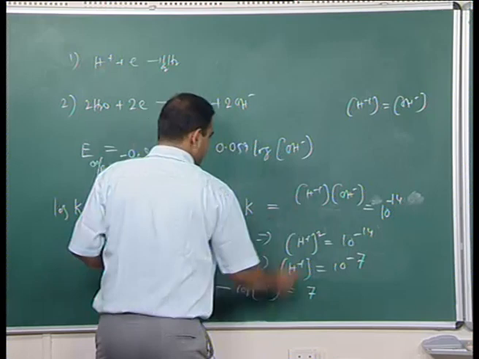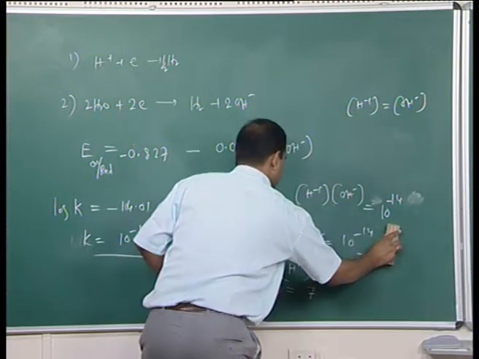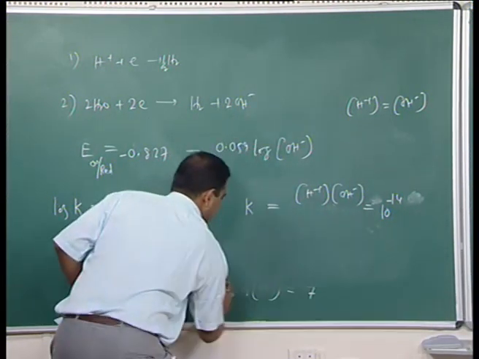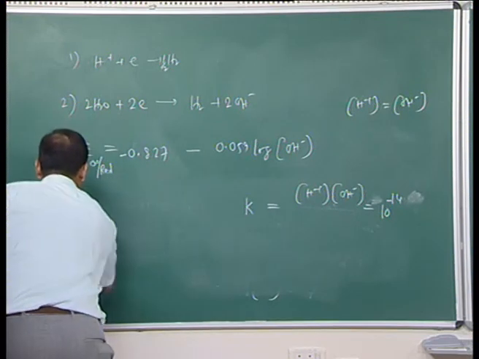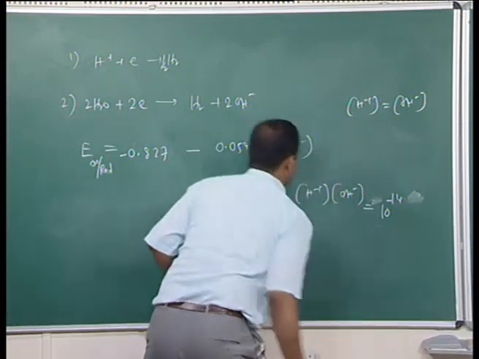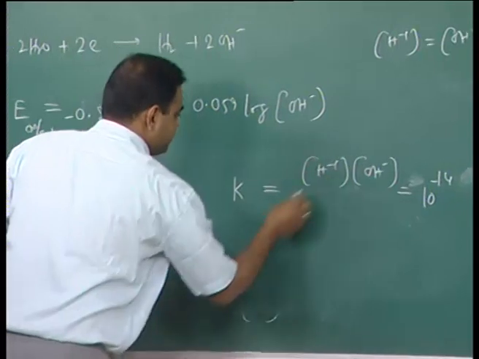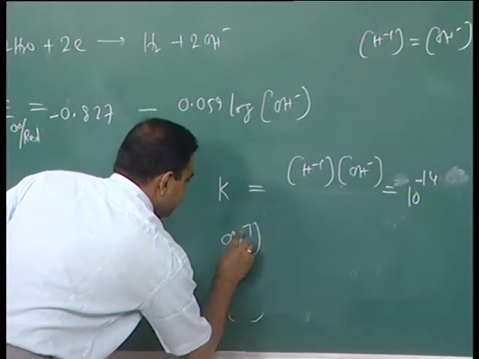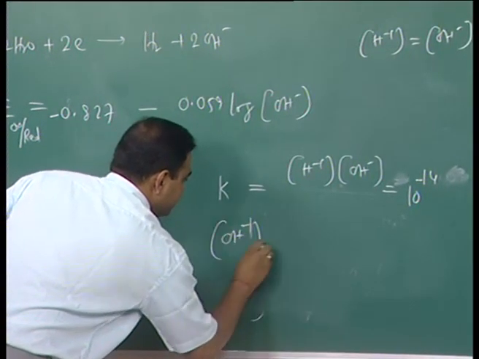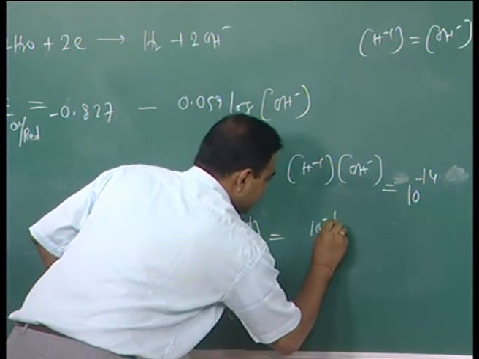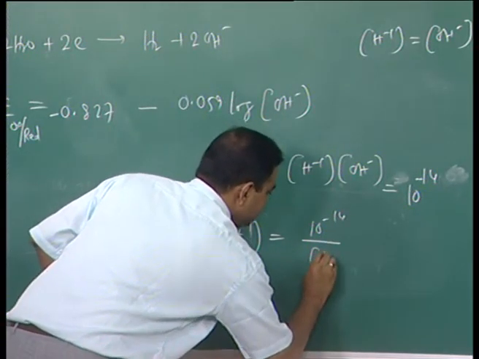Now from this relation we can write the OH minus ion concentration as equal to 10 to the power minus 14 by H plus.